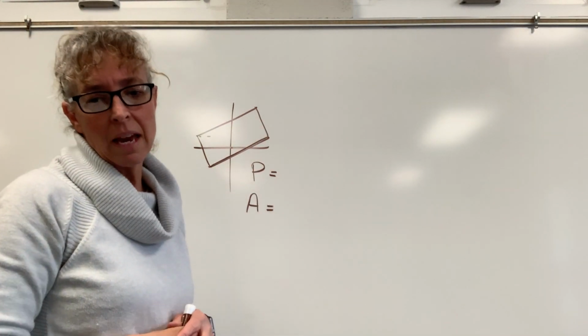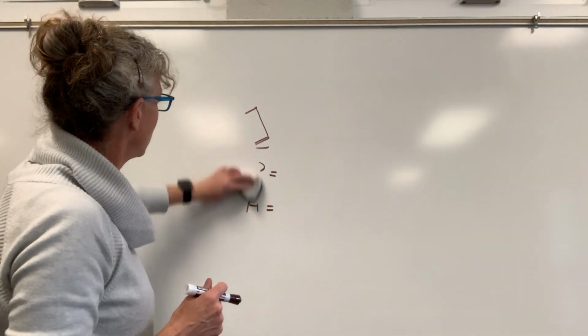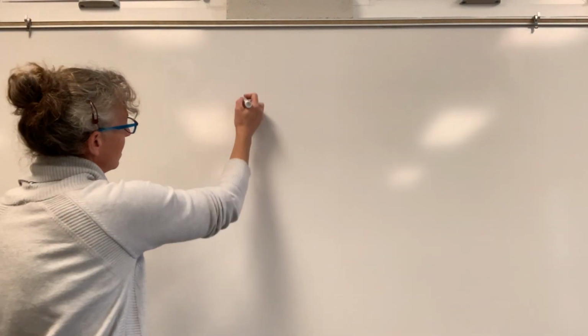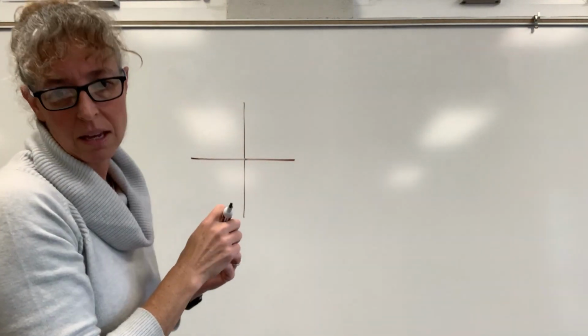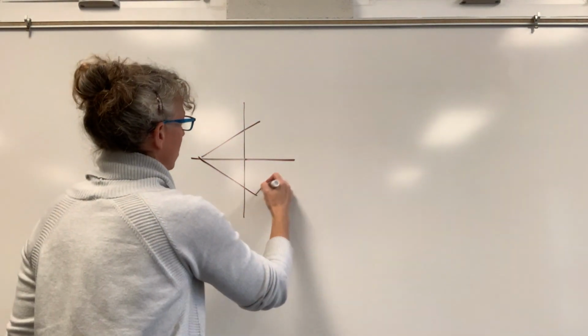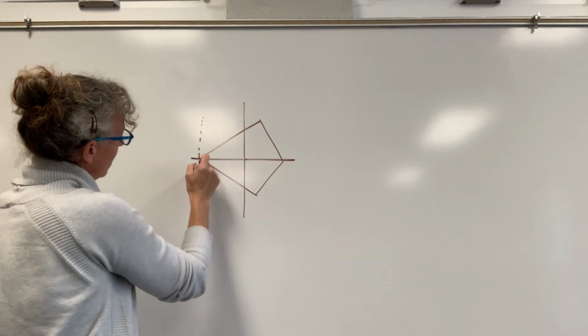On example 3, sometimes there's a shape that's too hard to figure out the area of, so it's easier to make a box around it.